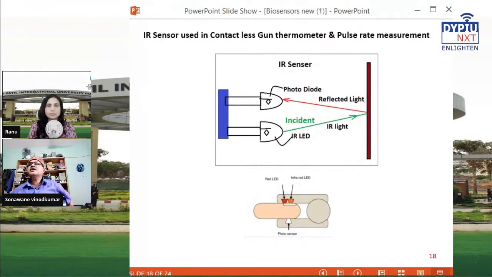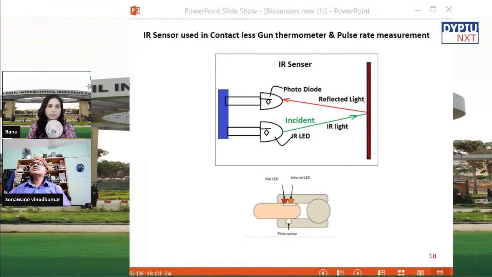In this case, it is basically used in optical biosensors. When the light is made incident on any substrate or any substance, the reflected light is received again on the photodiode, and it is sensed, and it is again sent for further processing.